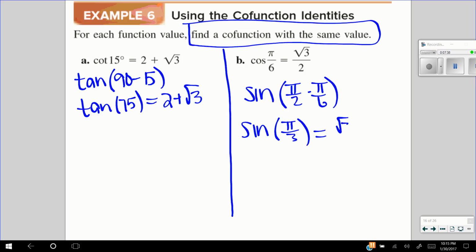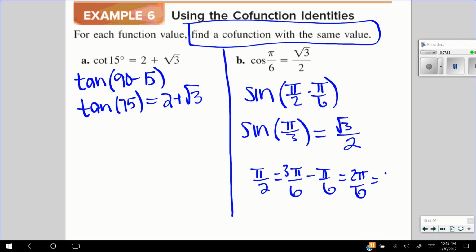Or you can go ahead and actually get common denominators. So pi over 2, how do we write that with a denominator of 6? Well, 3 pi over 6, right? So 3 pi over 6 minus pi over 6 is 2 pi over 6, which is just pi over 3.